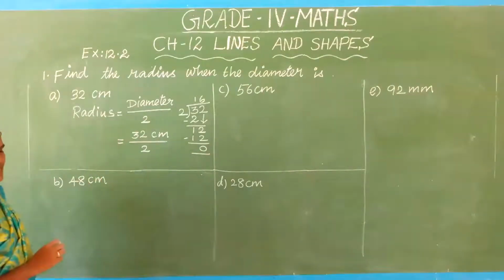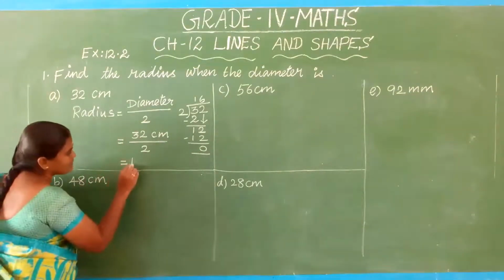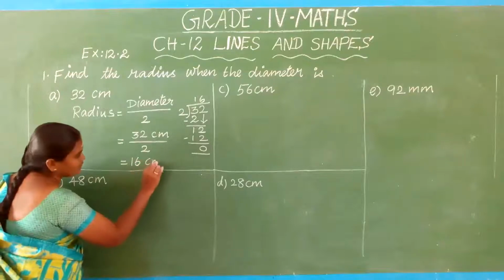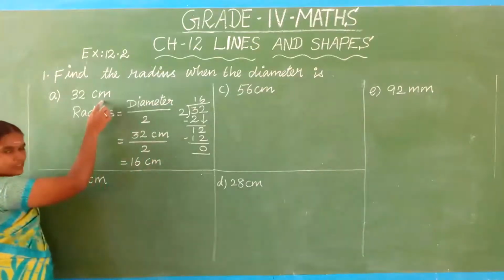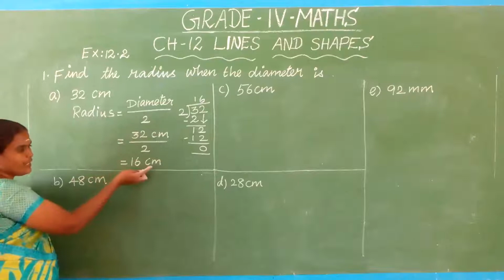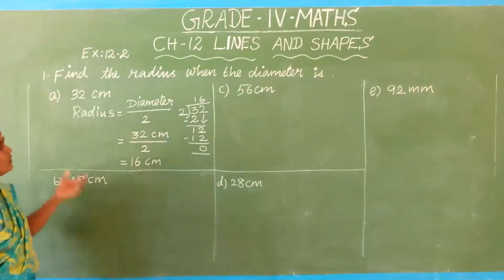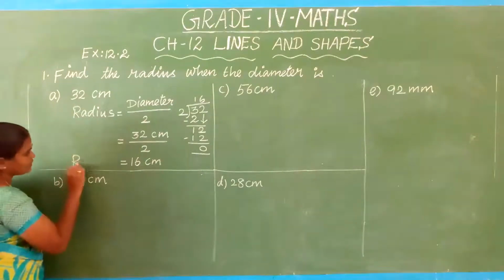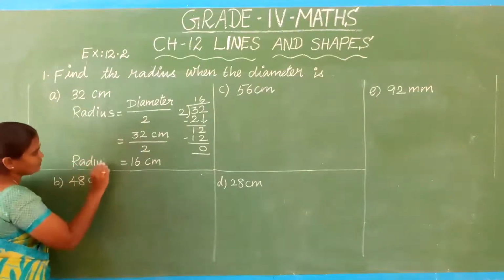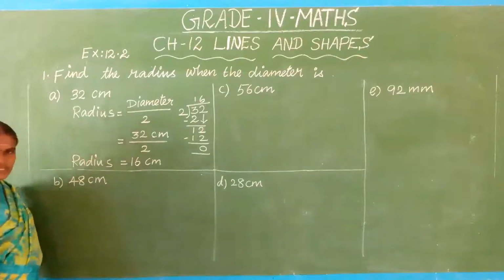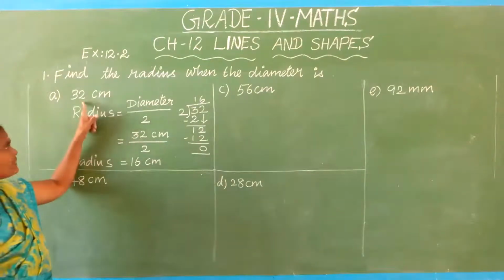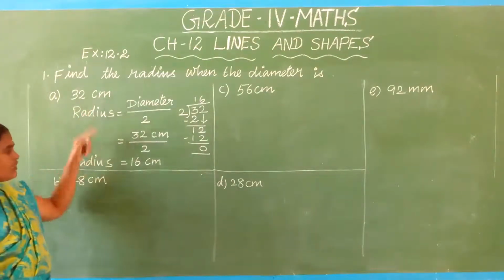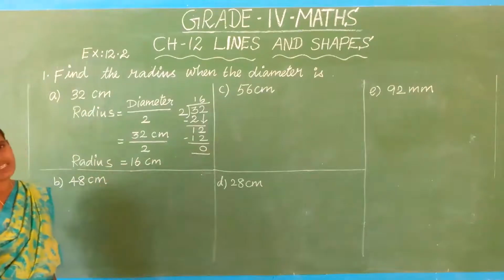So your answer is 16 centimeter. Because here given it is centimeter. So you also write centimeter. So radius is equal to 16 centimeter. So here given diameter 32 centimeter, find the radius 16 centimeter.